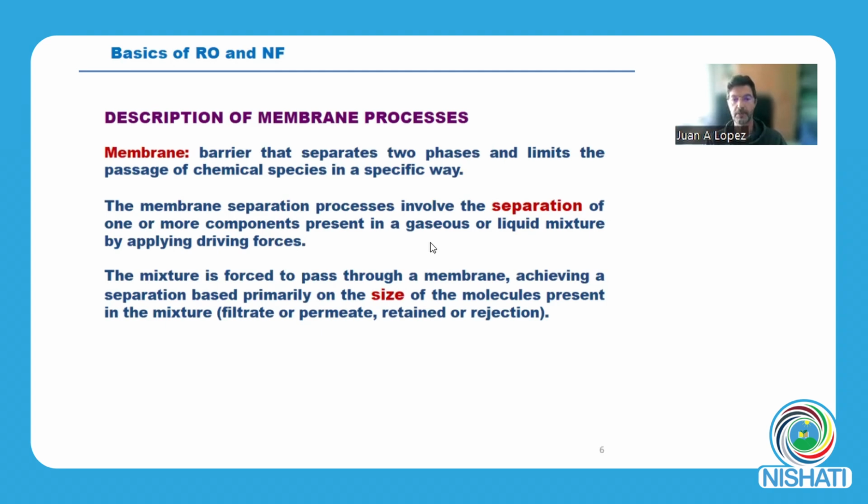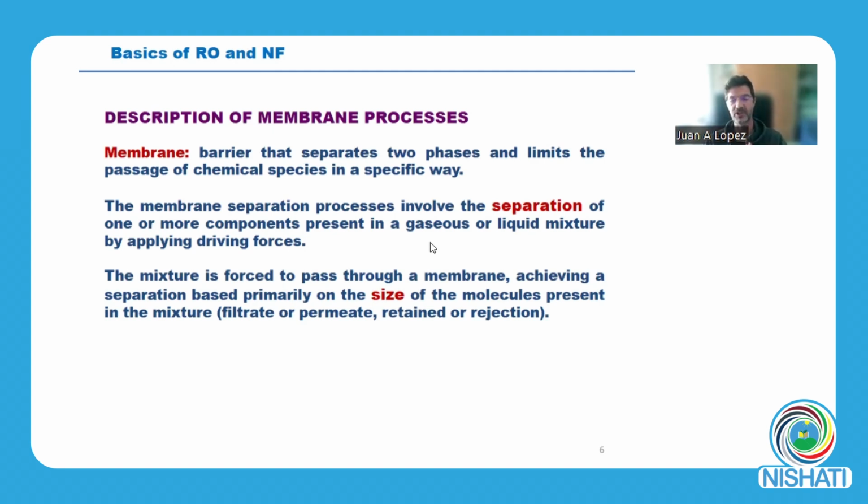In membrane technology, the mixture is forced to pass through the membrane, and we can achieve the separation based primarily on the size of the molecules present in the mixture. But sometimes in reverse osmosis and nanofiltration, this is not the truth. Sometimes even compounds or elements smaller than water are well separated from the water.